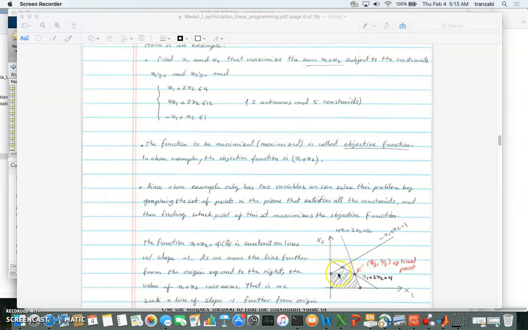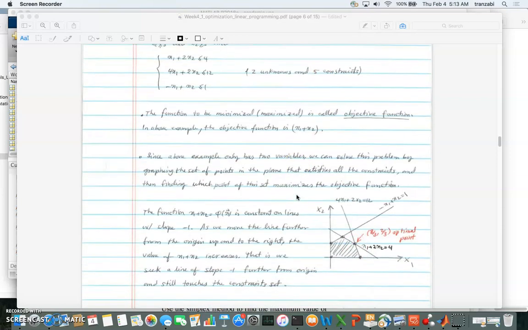That means the solution is not going to be inside, it has to be on the border. Also, not only the border, but also the corners of the borders. So if you accept this theorem, all we need to do is go and test the corners, and we find the one that maximizes our function.